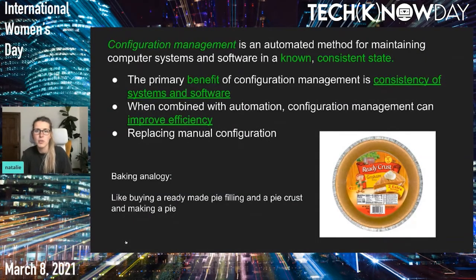So configuration management. Configuration management is an automated method for maintaining computer systems and software in a known consistent state, which is very important, that no matter what happened, in the end, we will have a consistent state and we kind of know what the state is, right?